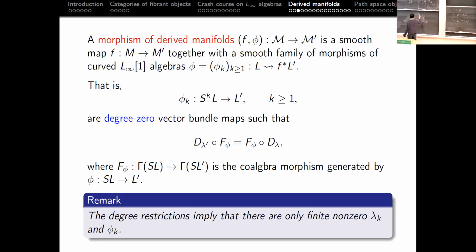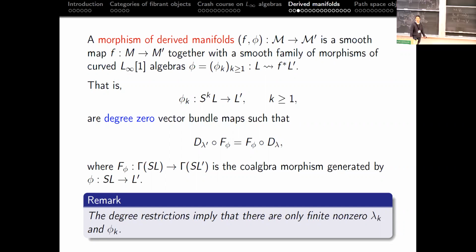Now the map here, I want to put in a phi here. Each fiber restricted becomes L restricted to M, this Fm. And this guy is just the infinity morphism.